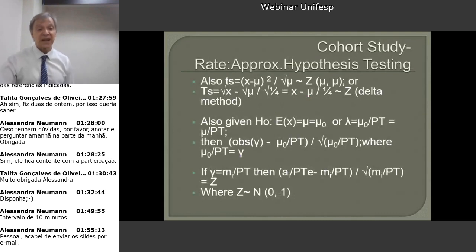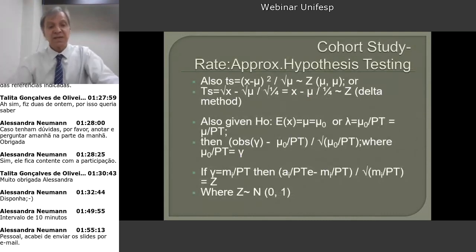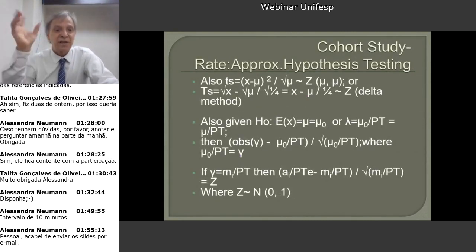Then you can use something like this. The test statistic is X, whatever value of A that I found, minus mu, and I know mu should have been M1, squared, divided by the square root of mu, and it is going to follow a Z distribution, the standardized normal distribution.